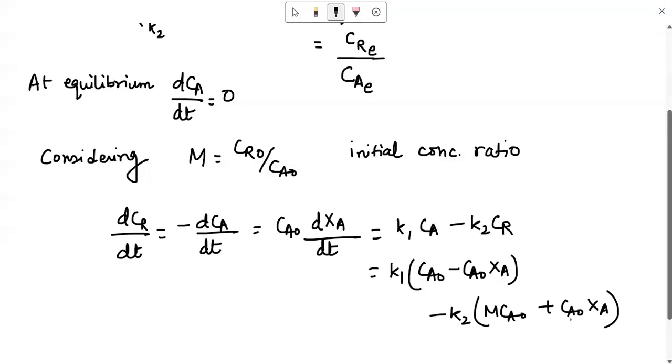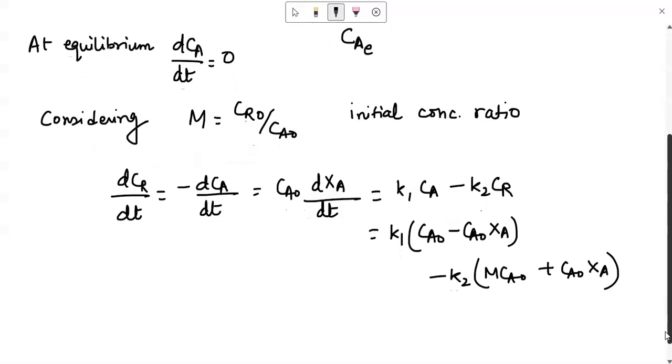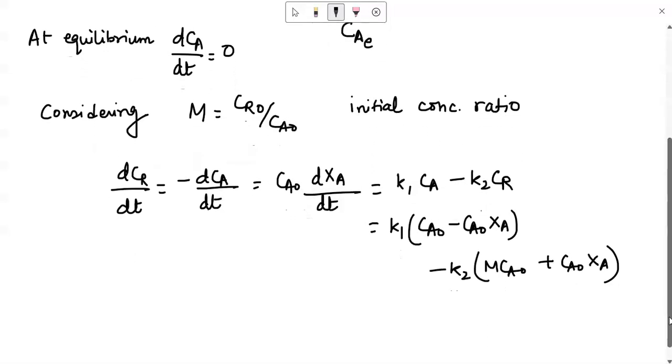This is like production of R if you are considering the conversion term for R, so there is a plus sign over here and not minus. Now this is the overall rate equation for the reversible reaction that we have.